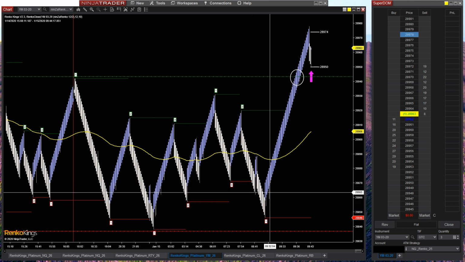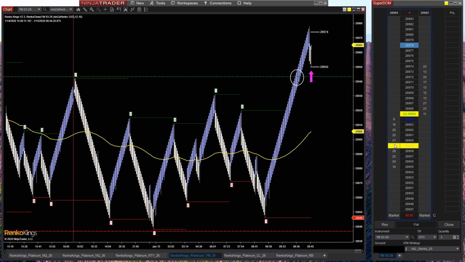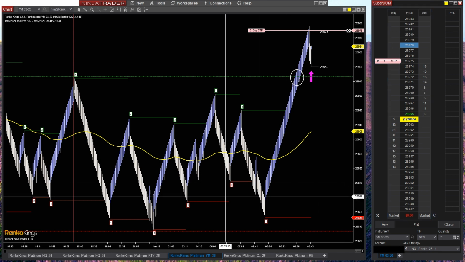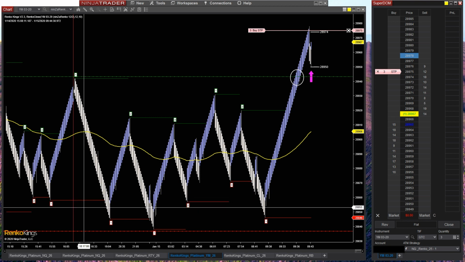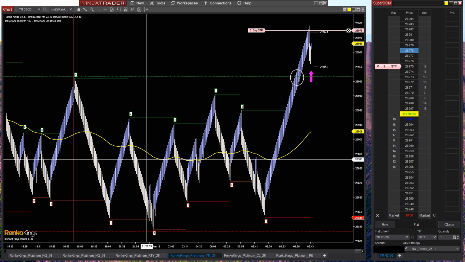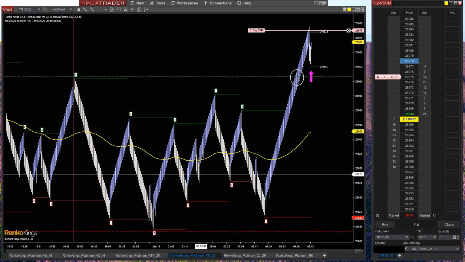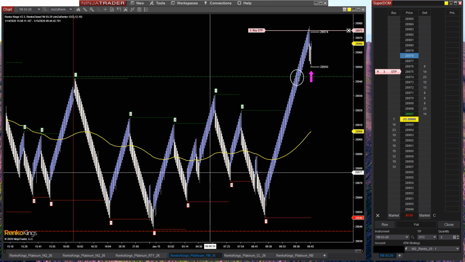Very messy. Okay, let me focus here for a second. 975. Order submitted. So I would say this is the number one thing that people struggle with, is identifying congestion and consolidation. And we don't want to trade inside a consolidation. We want to trade when we're trending.